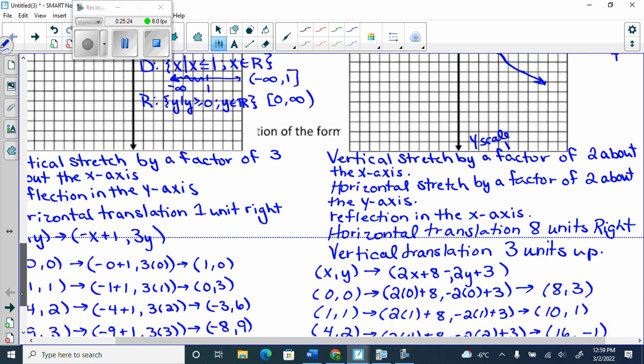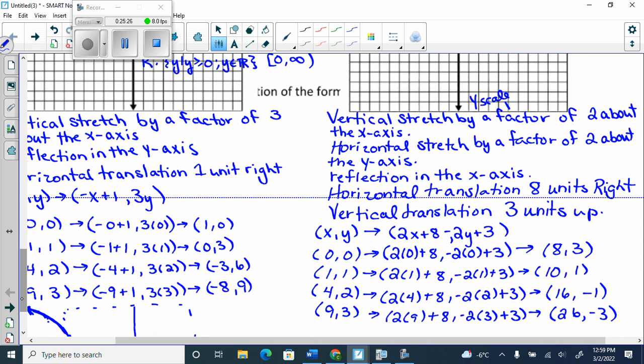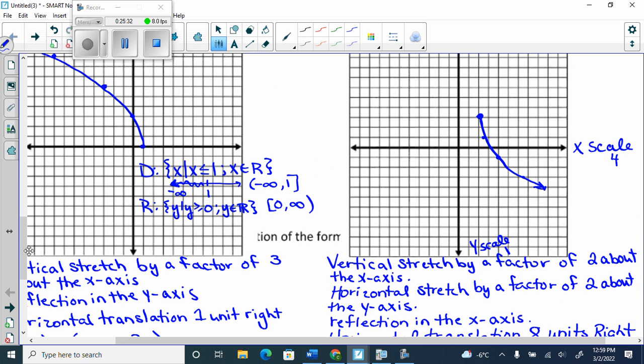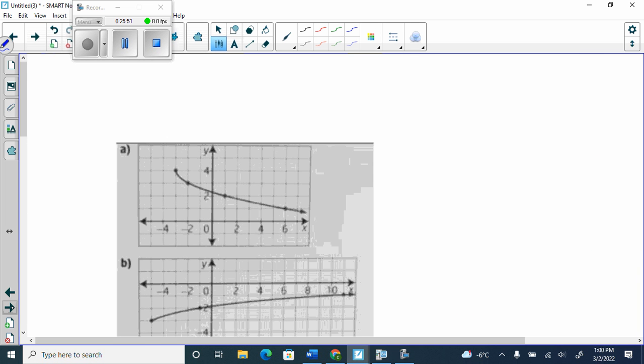So remember, you're just sketching these points. 26 falls between two of them because I made an x scale of 4. Okay, we're going to flip over. Now I give you a graph. You need to give me an equation.